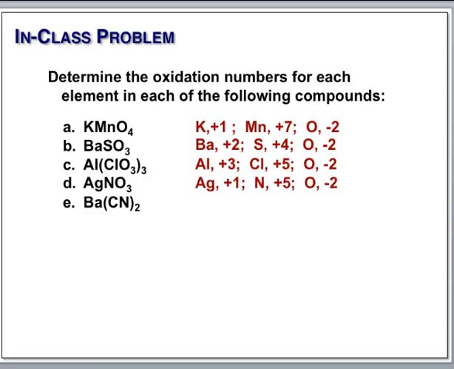And finally, the ringer here, barium cyanide. Well, barium, a group 2 metal, it will be +2. And how about this cyanide? Well, in our whole list of rules, we had nothing at all about carbon or nitrogen, did we?